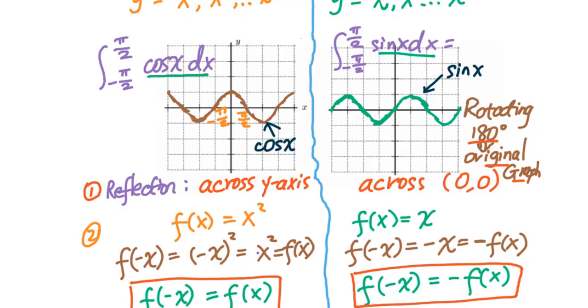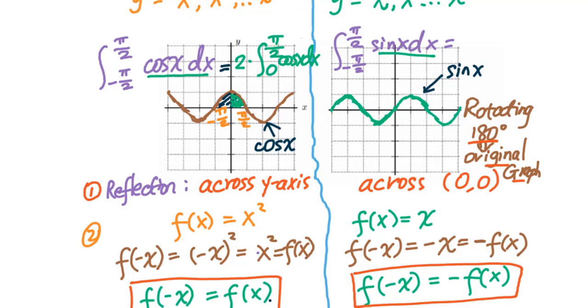For cosine x, the definite integral from negative pi over 2 to pi over 2 of cosine x dx means this part, and it will equal double this part, which means 2 times the integral from 0 to pi over 2 of cosine x dx.